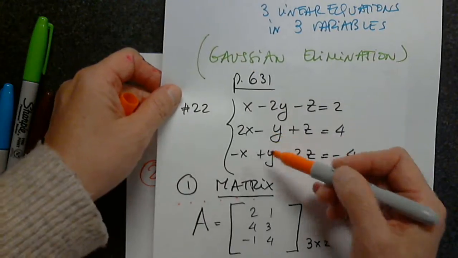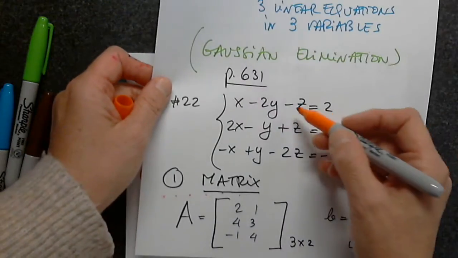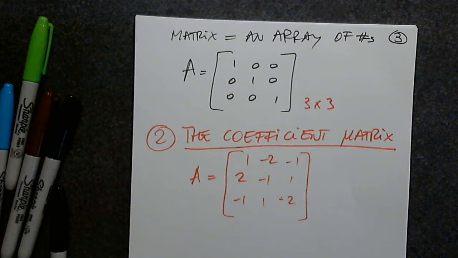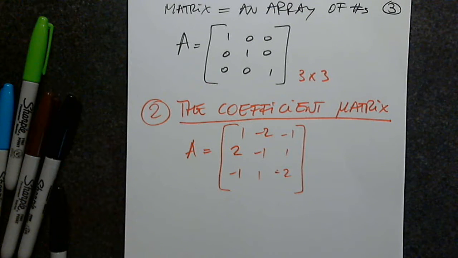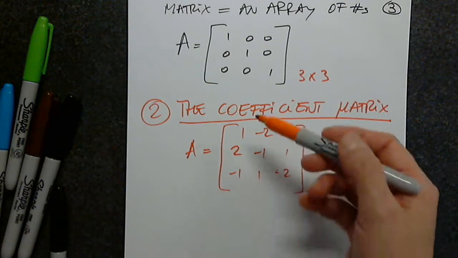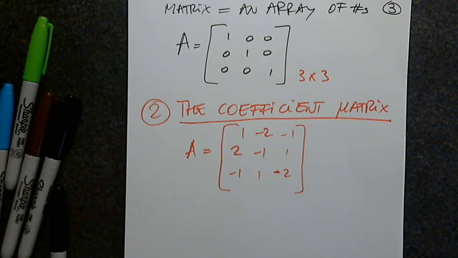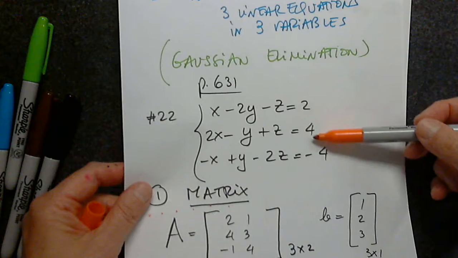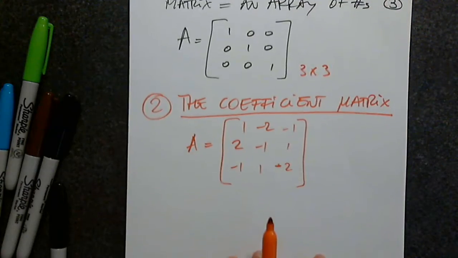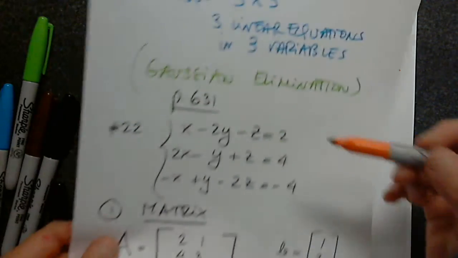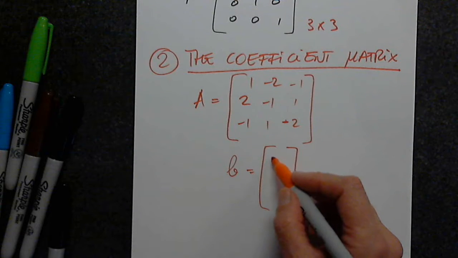I copy negative 2, negative 1, 1. And I copy negative 1, 1, negative 2. And this is the coefficient matrix of this particular system. It consists of coefficients of the variables presented in the correct order. This column represents coefficients of x, coefficients of y, coefficients of z. Also, the system has what is called a column of free terms. That one will be denoted by a lowercase b, and it will consist of 2, 4, and negative 4.